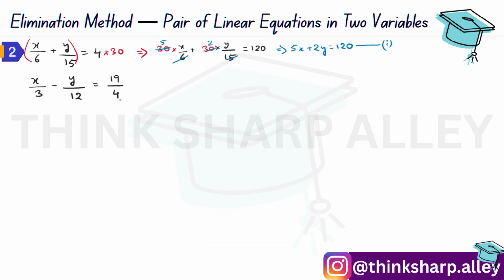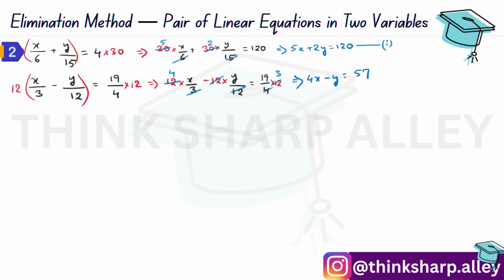And LCM of 3, 12, 4 is 12. So we multiply the entire equation by 12 on both sides. So we get, let's cancel first. So we have 4x minus y equal to 19 into 3 is 57, and that becomes our equation 2.